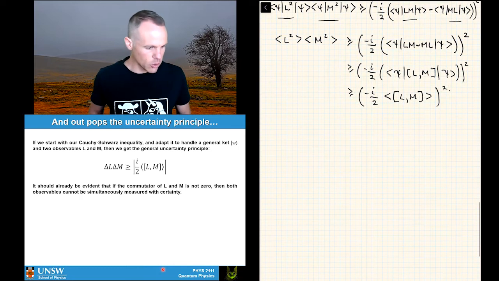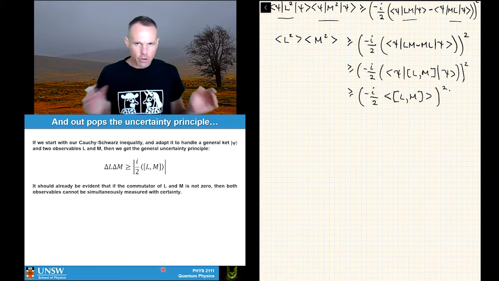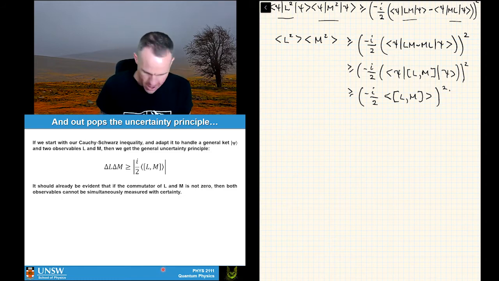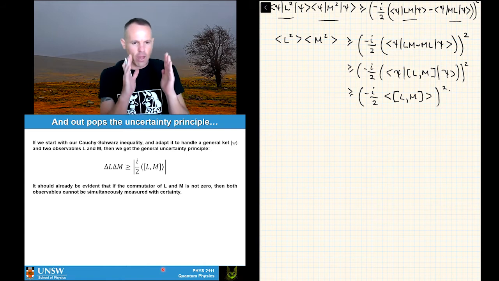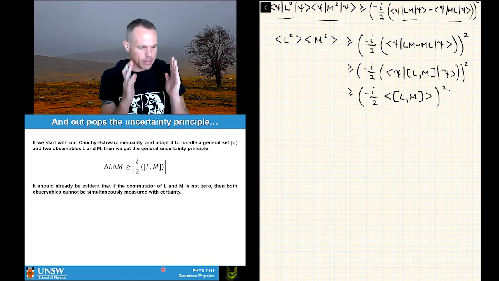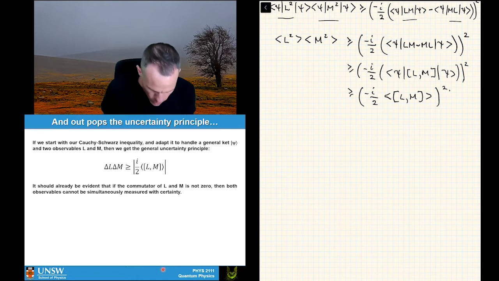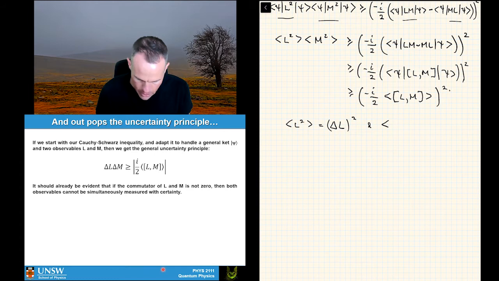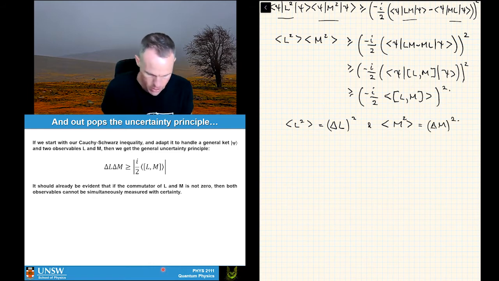Now what we need to do is pull out a result that we had from lecture 11, which was the whole point of lecture 11 in the end, which is that if our distribution has zero mean, right, then what we know is that the expectation value of L squared is equal to the uncertainty of L squared, and the expectation value of M squared is going to be equal to the square of the uncertainty in M, like so, okay?